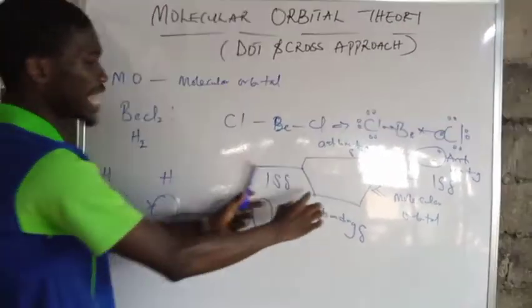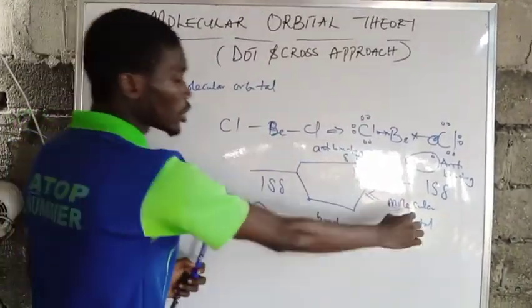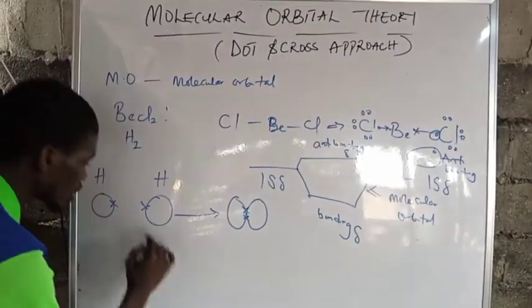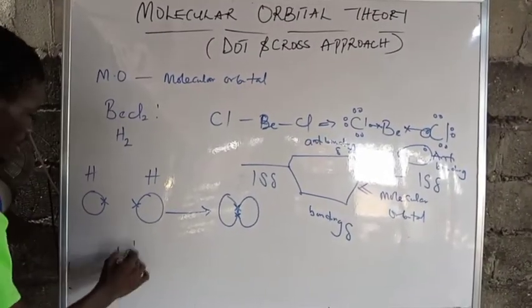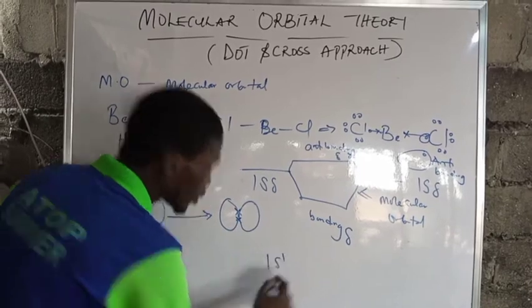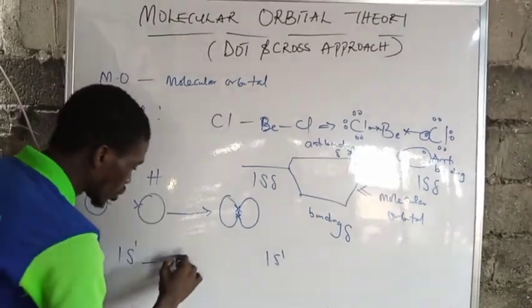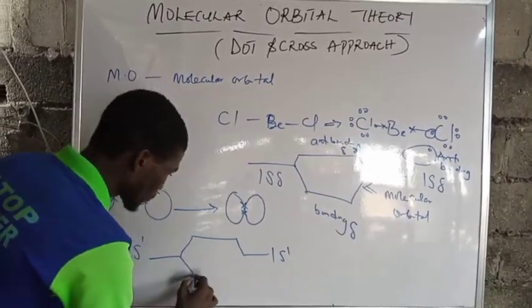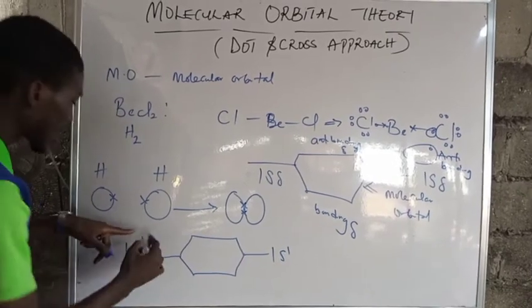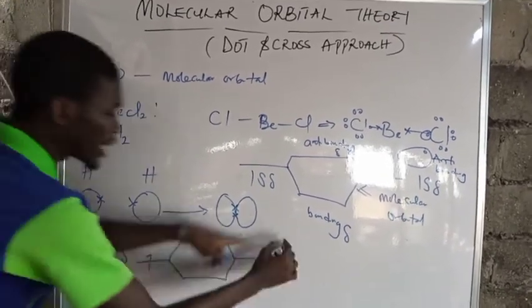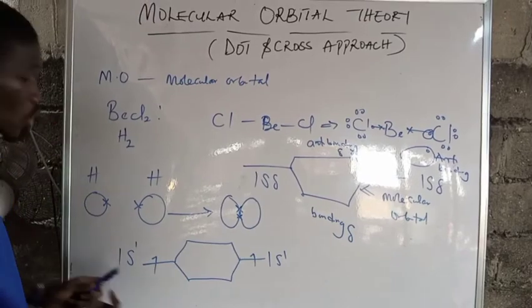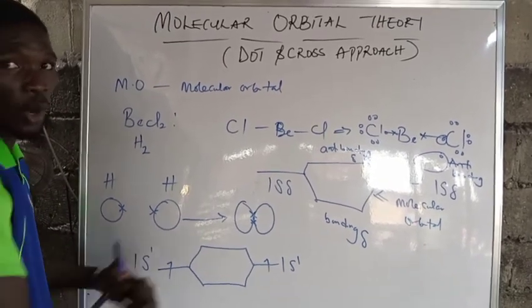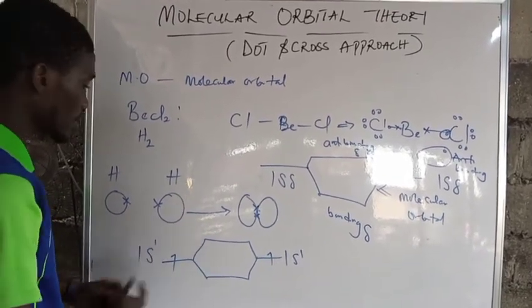So with this, let's show it in molecular orbital structure. I have 1s1 here. I also have 1s1 here. Then the structure goes like this. So the electron here is 1, while this one is also 1. So how do we show which one is bonding and which one is anti-bonding?